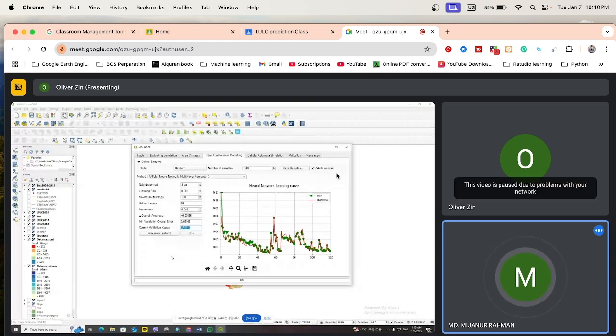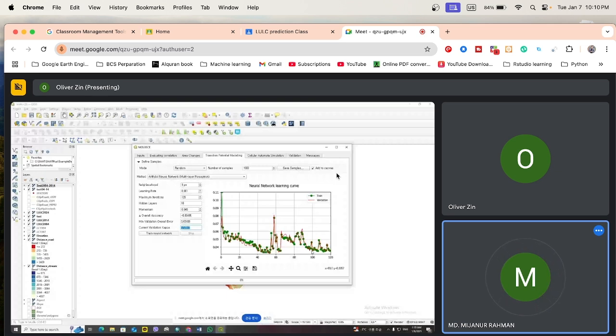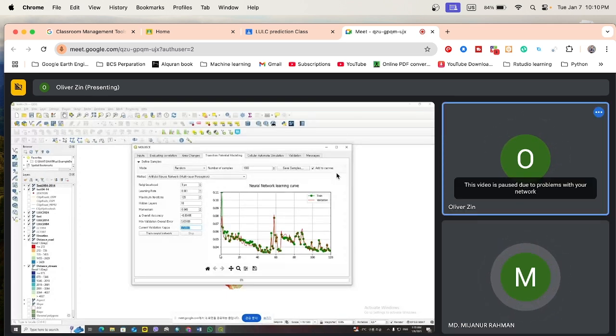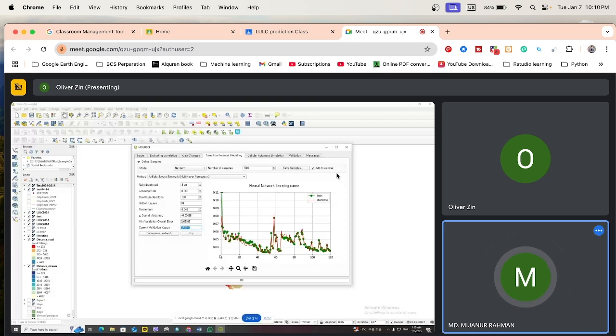The second one, validation, represents the model on unseen validation data. On the x-axis, horizontally, is the number of epochs: 0, 20, 40, 60, 80, 100 and 120. We set the maximum iteration to 120.